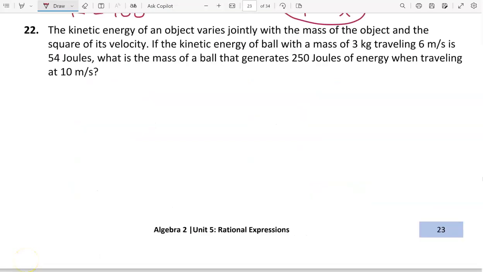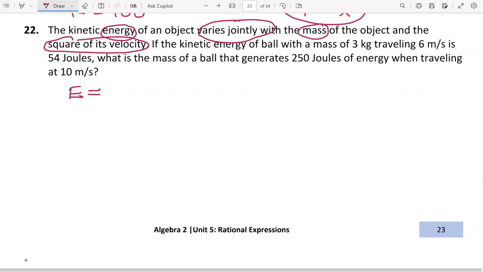In 22, the kinetic energy of an object varies jointly with the mass of the object and the square of its velocity. So, energy varies jointly with mass and the square of the velocity. So let's write an equation from that.